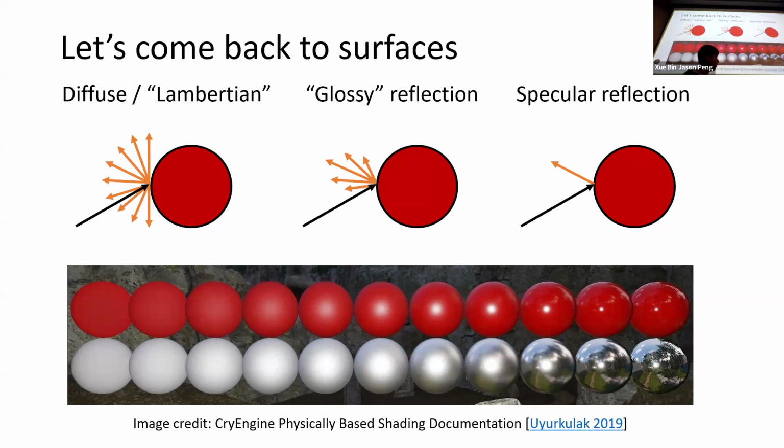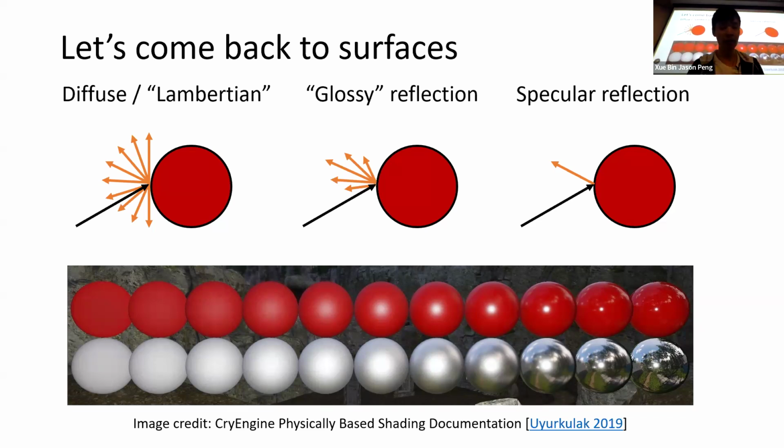Our Lambertian model is really only able to model reflections on these very rough surfaces at one end of the spectrum. If we want to render different types of surfaces, we have to develop more sophisticated lighting models that allow us to approximate these glossy reflections.